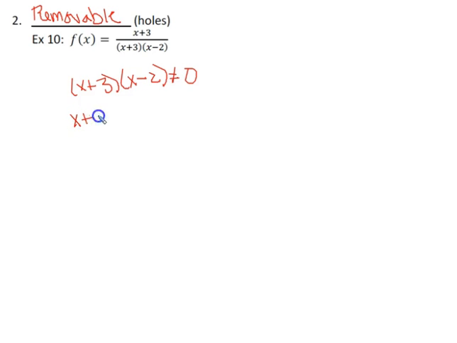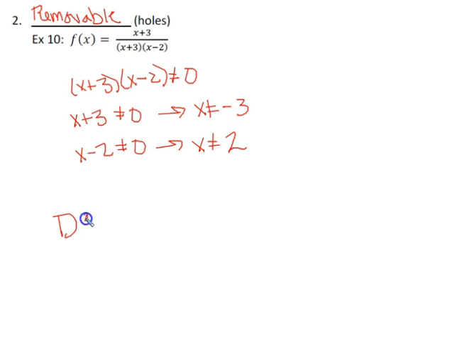If we have x plus 3 cannot equal 0, and x minus 2 cannot equal 0, a restriction on our x is that it cannot equal negative 3, and another restriction is that x cannot equal 2. So our overall domain restrictions are that x cannot equal negative 3 and it cannot equal 2.